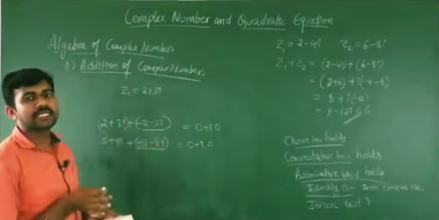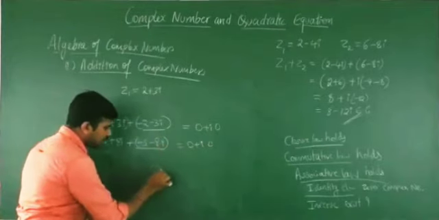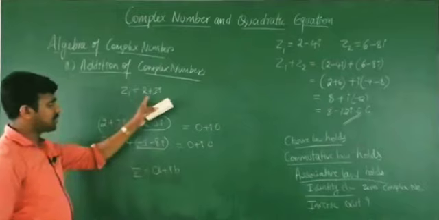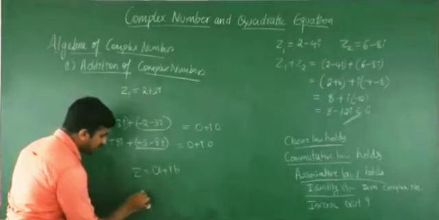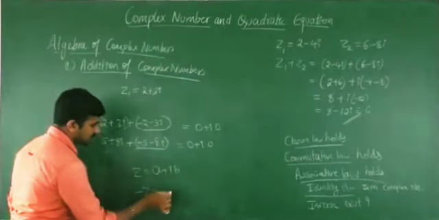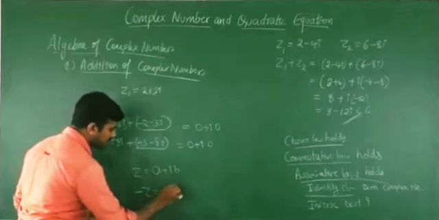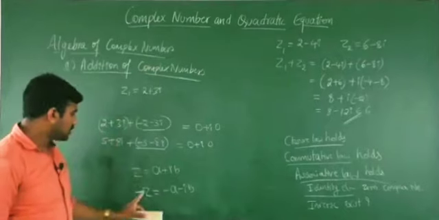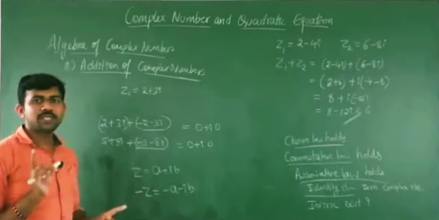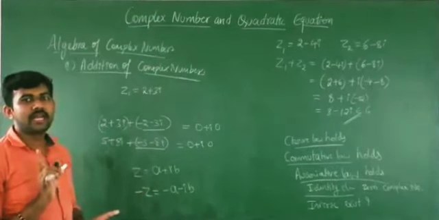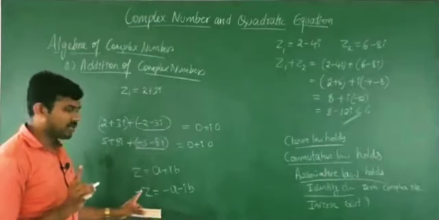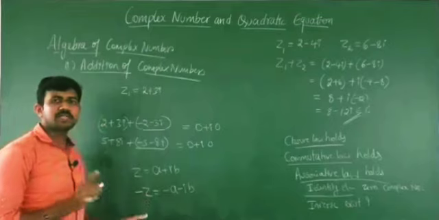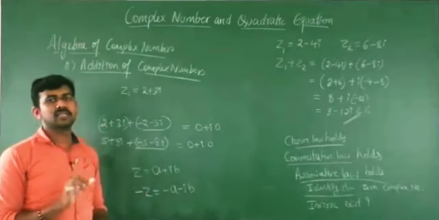Means in general we can say, if you have a complex number z = a + ib, then its negative complex number, that is minus z, means minus a minus i into b. Multiply minus to each term. So negative of that complex number is the inverse of the complex number. Okay. Negative of the complex number is the inverse of the complex number.